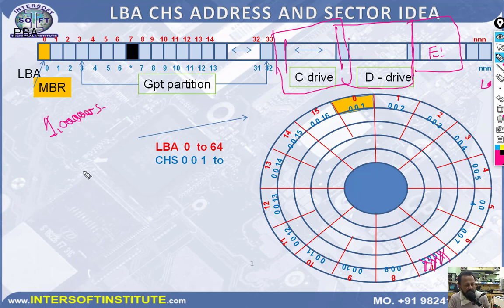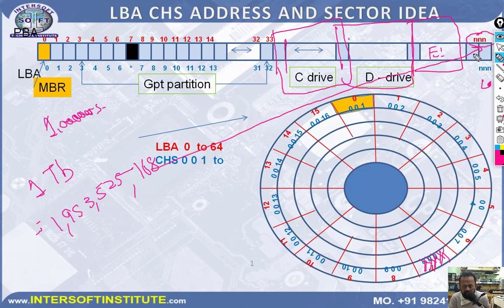There will be more sectors above this. If there is a 1 TB hard disk, approximately 1 TB, then it has sectors numbering 1953525. This much addressing will be there in a 1 TB hard disk.